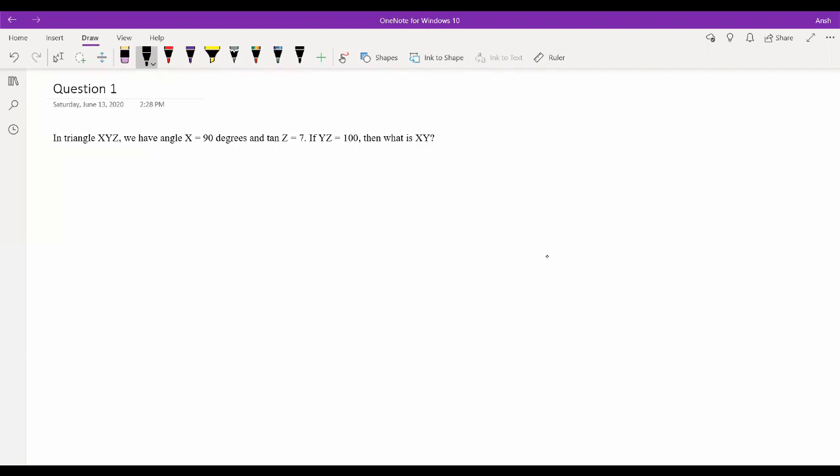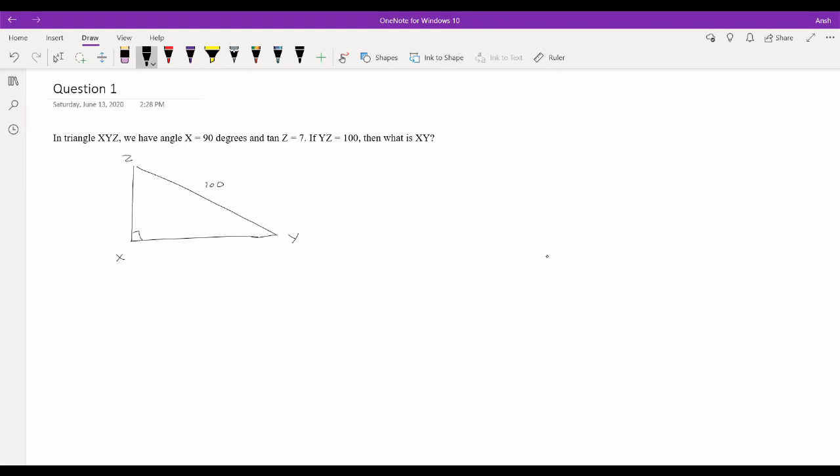So like any geometry problem, let's start out by just drawing out this triangle. So we know that X is a right angle and that YZ is 100. So if we draw a right triangle with right angle X, we know that the hypotenuse YZ is 100. So let's label that. And the problem also tells us that the tangent of angle Z is equal to 7.